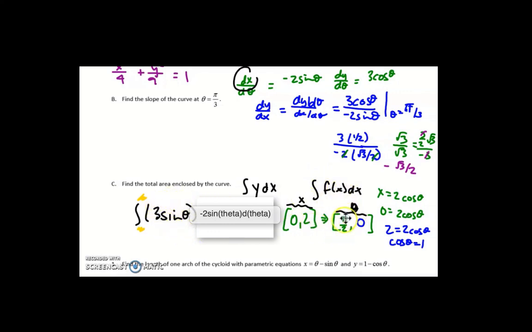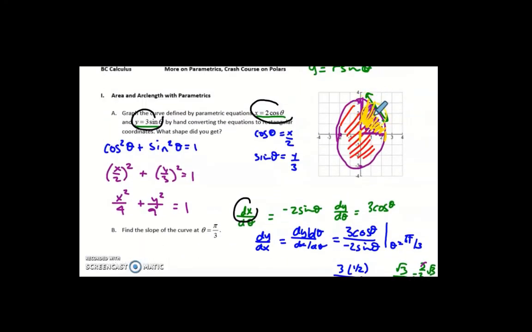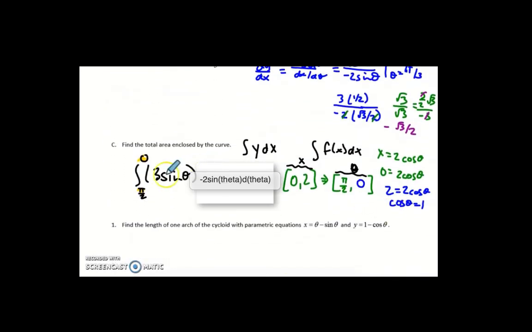So our limits of integration are pi over 2 to 0. And if you recall, that only gets us this quadrant. So I still need to use symmetry to multiply by 4 to get the entire area enclosed within the curve. The good news is that you are going to do this now on your calculator.